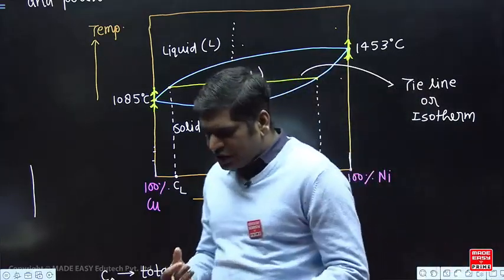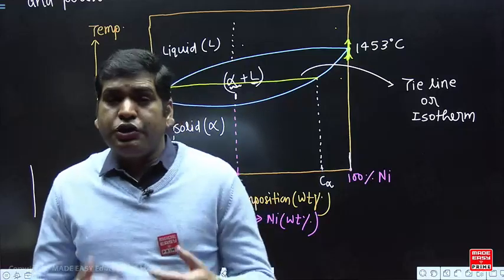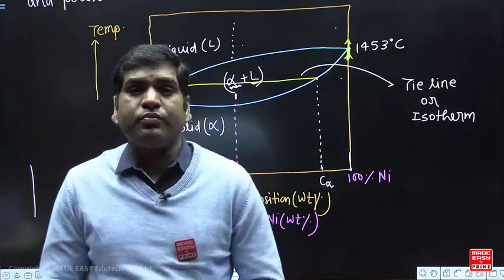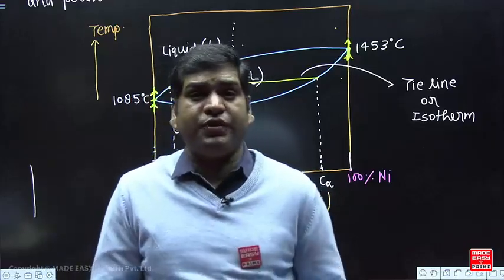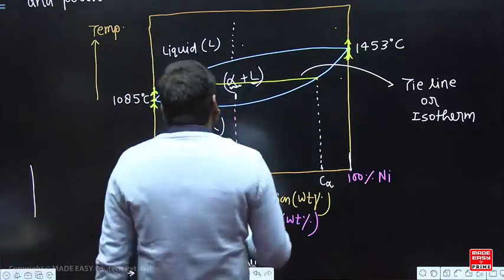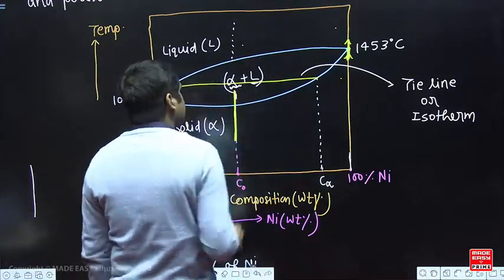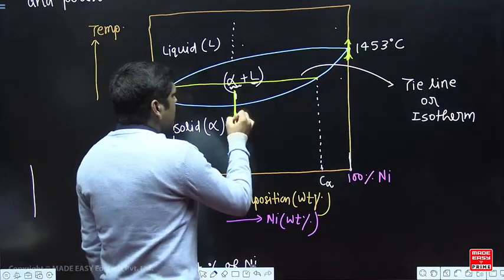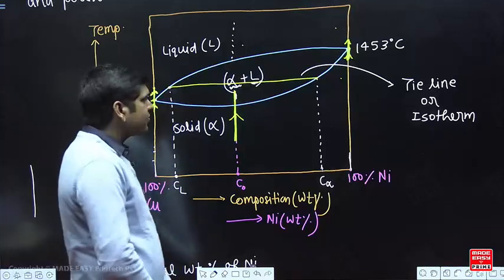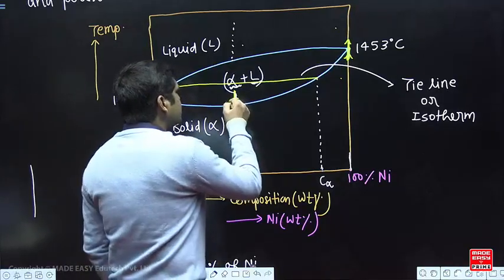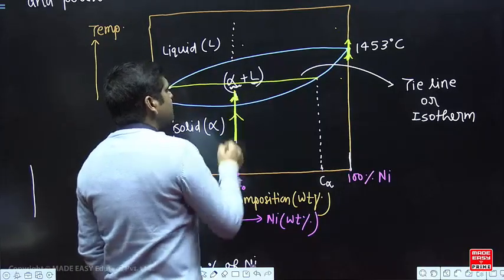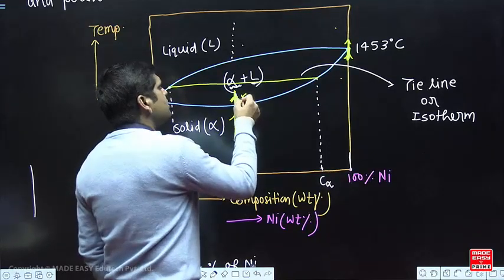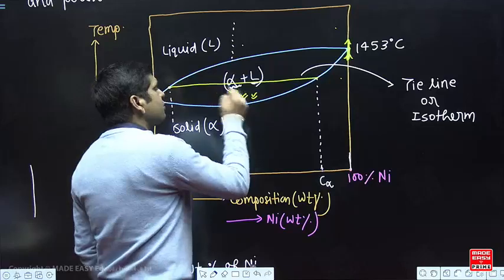Such kind of phase transformation where there is no alteration in composition during the transformation is known as congruent phase transformation. But if you see here, suppose it was 10% nickel and 90% copper in solid. As soon as the phase is changing and you go to the binary phase region, out of this 10%, some of the nickel is in solid and some of the nickel is in liquid.